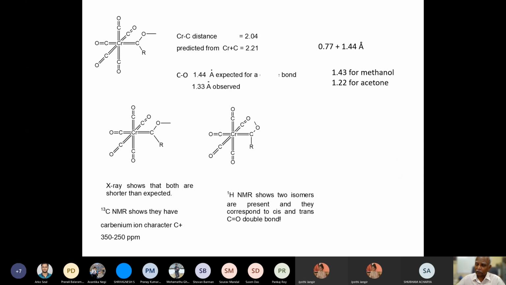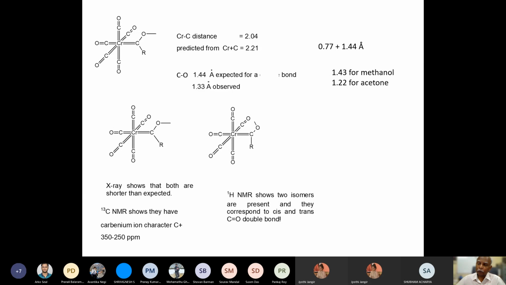I would like to briefly mention that the bond distances that you observe for this Fischer carbene are what you expect for a system which is a pi acceptor.